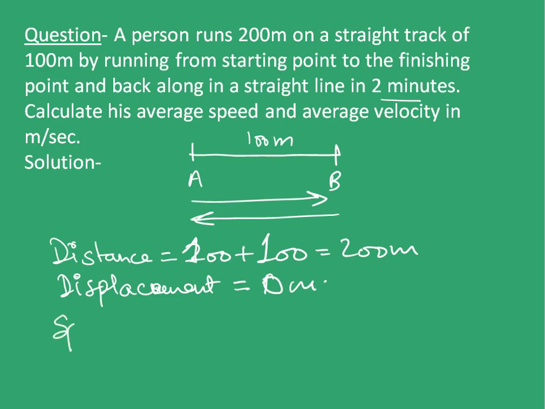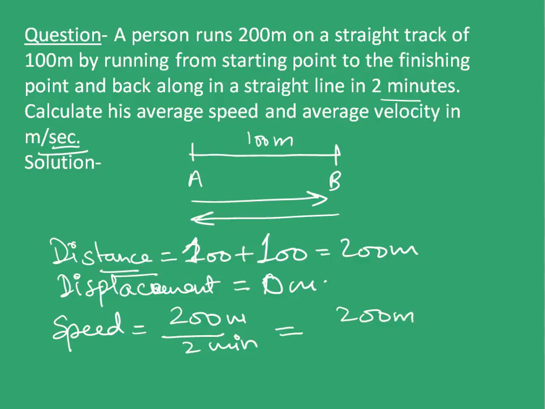So the speed will be distance traveled upon total time taken, that is 200 meters upon 2 minutes. Now we have been asked to calculate in meters per second, so we convert minutes into seconds. So 200 meters upon 2 into 60 seconds.